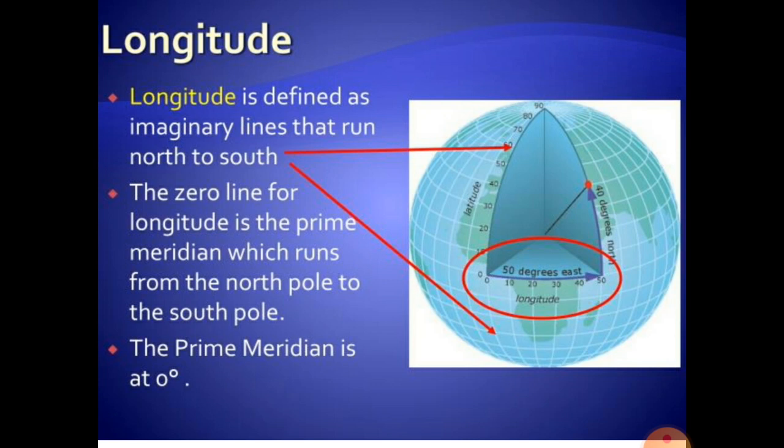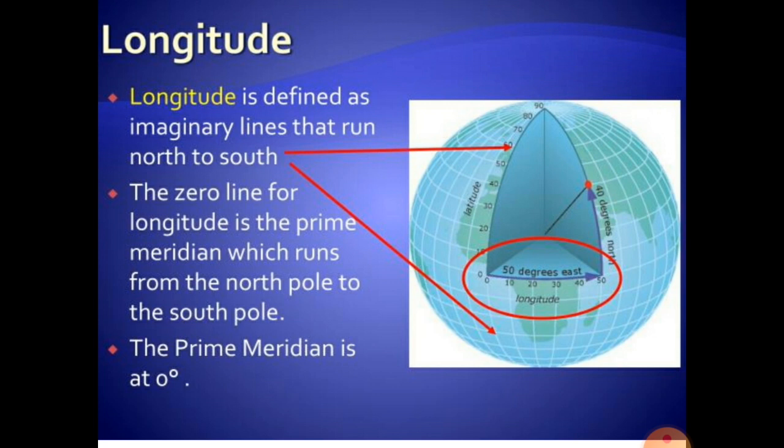Now, longitudes are also defined as the imaginary lines that run from north to south, from the north pole to the south pole. The 0 line for longitude is the prime meridian, meaning 0 degree. Here is the prime meridian which runs from the north pole to the south pole.